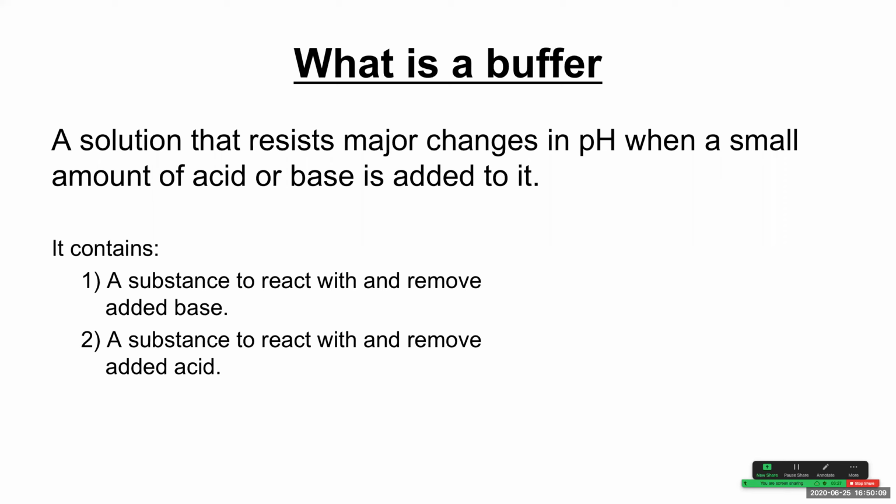So what kind of a substance is that? Well, it's a weak acid and its conjugate base. That's what we've been learning about all along. Acids and their conjugate bases, or bases and their conjugate acids. So it doesn't necessarily have to be a weak acid and its conjugate base. It can be a base and its conjugate acid.